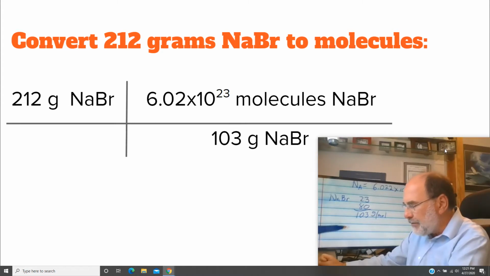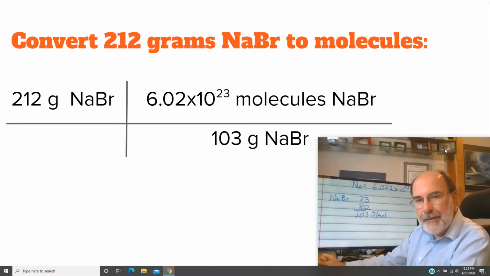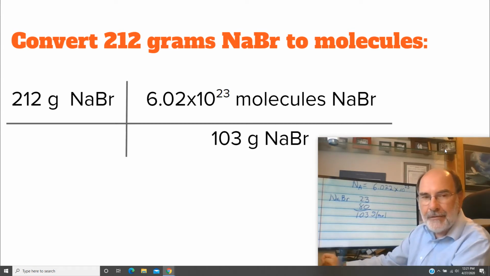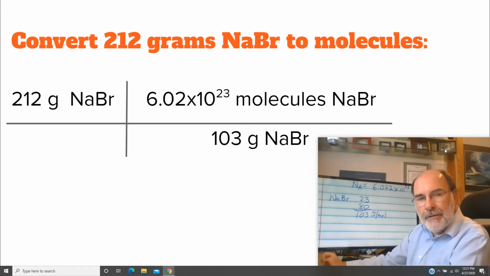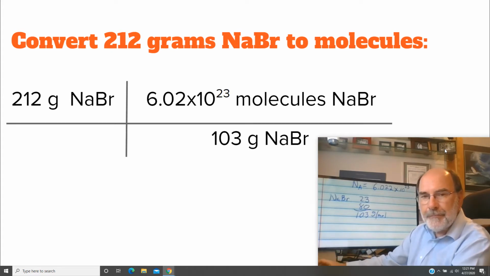So again, they also chose to round it off to 103 grams per mole. Notice that it's set up so that the number of grams in the numerator of the first column cancel the number of grams in the denominator of the second column. And instead of writing mole on top of the 103 grams, they just directly converted it from moles to molecules per mole.